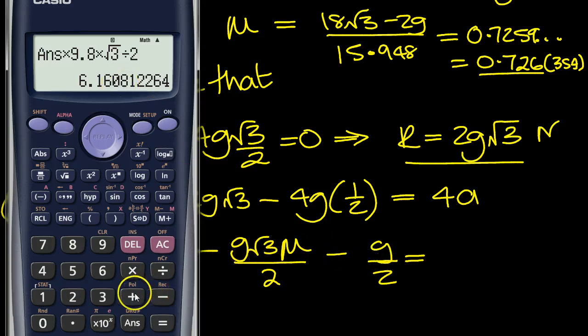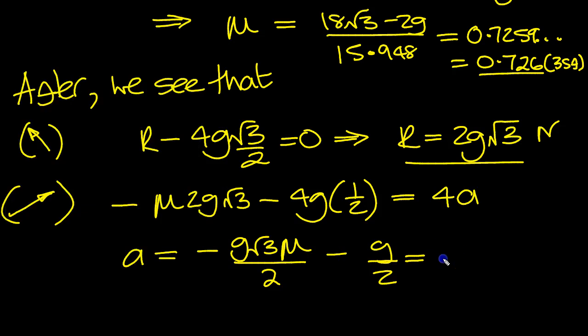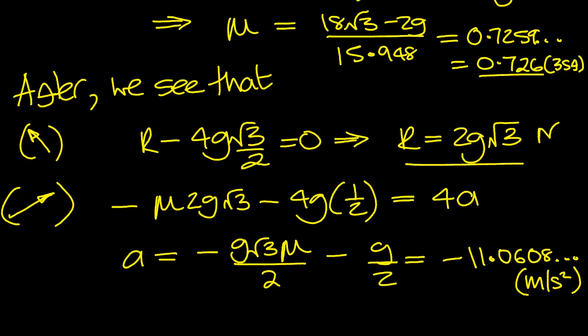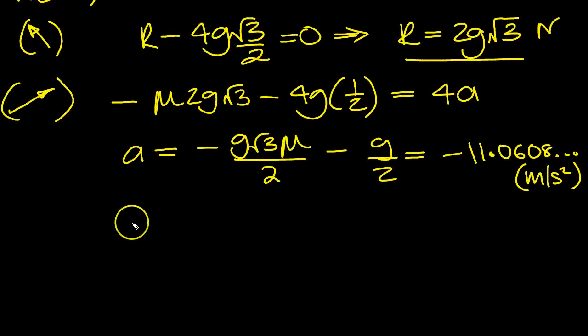So let's just add on g over 2, plus 9.8 divided by 2. That's the total number, 11.0608 with a minus. So there's the acceleration, meters per second squared. So we now know the acceleration.